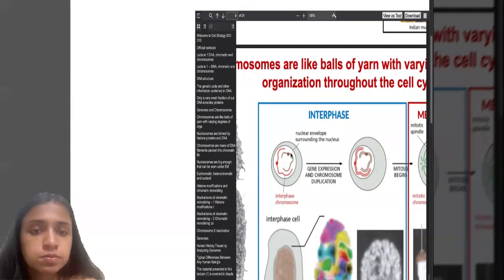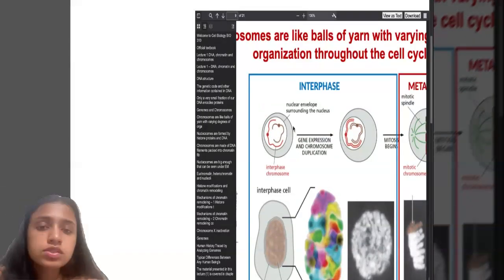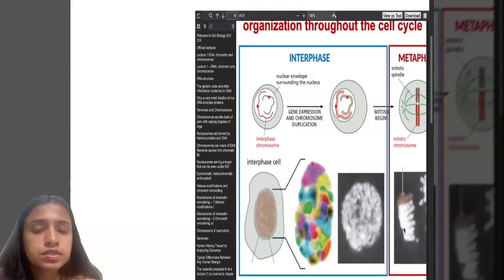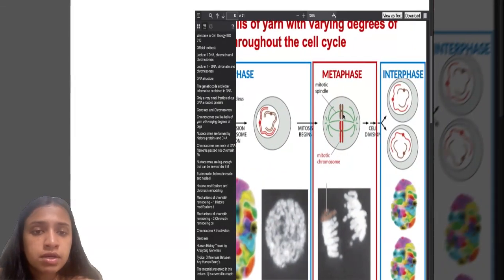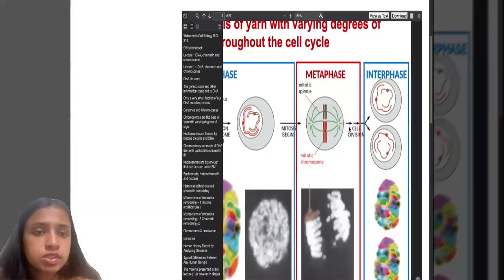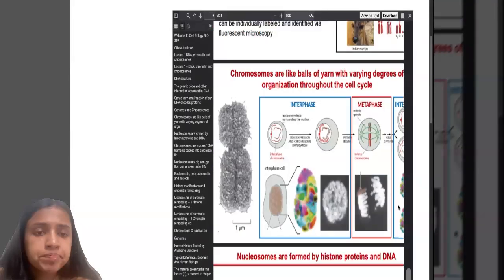You have the nuclear envelope surrounding the nucleus, and then you have the gene expression and chromosome duplication. So that's been duplicated. And then in interphase, you can see more in depth here, a lot of colors. And then in metaphase is where there's the mitotic chromosome, there's spindle, and then cell division happens, and then they actually multiply.